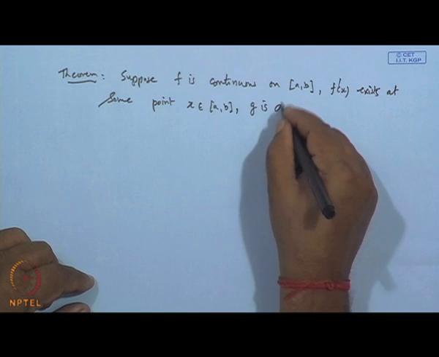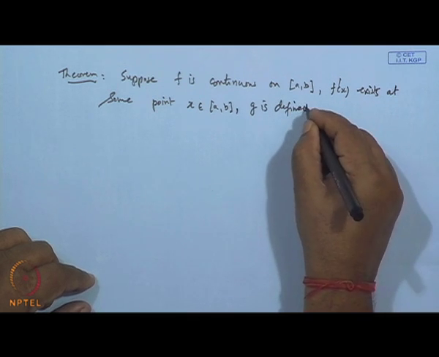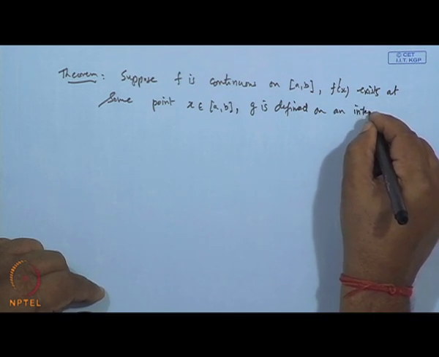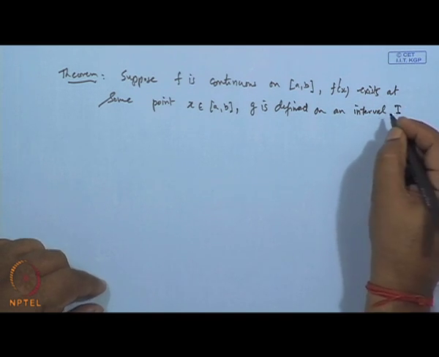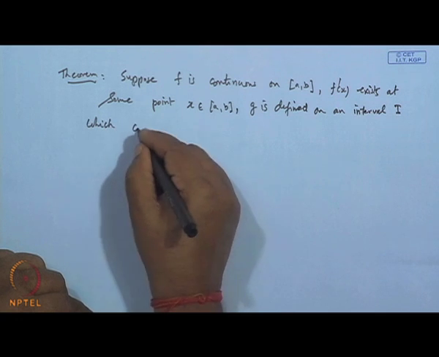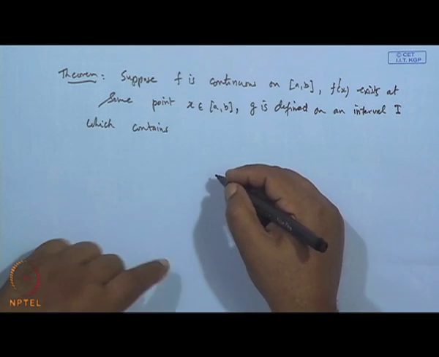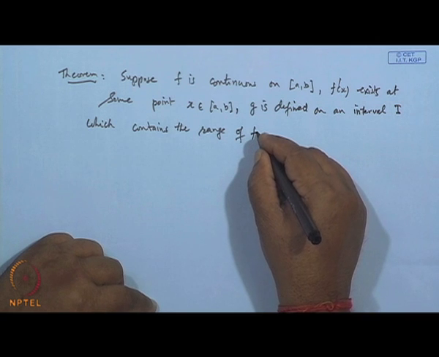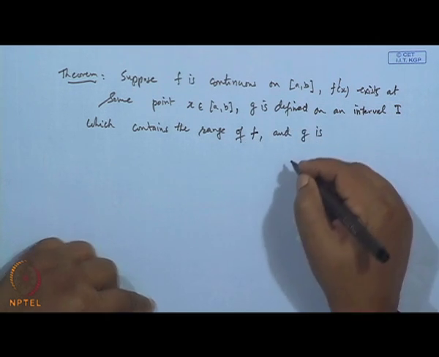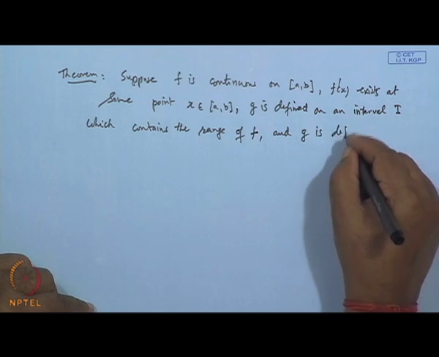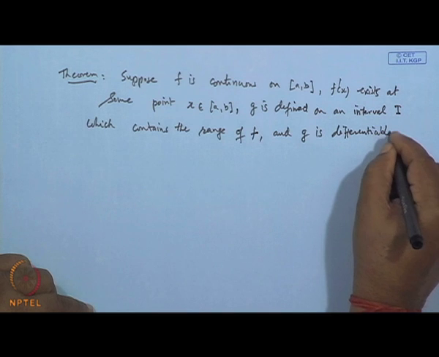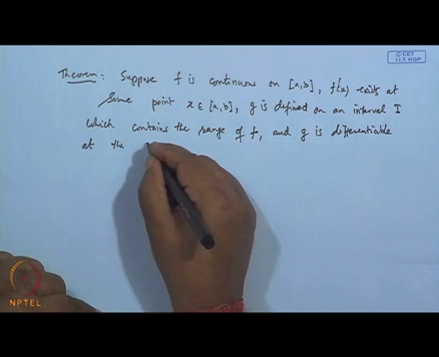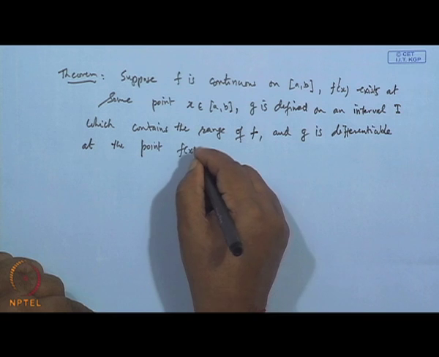G is defined on an interval I which contains the range of f, and G is differentiable at the point f(x).